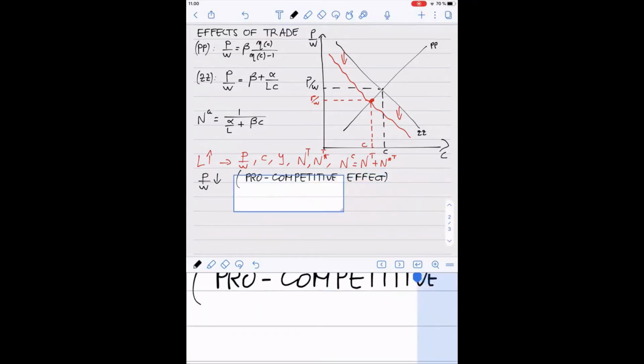Right? Because what is happening is that markups are falling. I mean, if the price falls and the marginal cost beta does not change, well, that means that the markups are falling. Why are the markups falling?